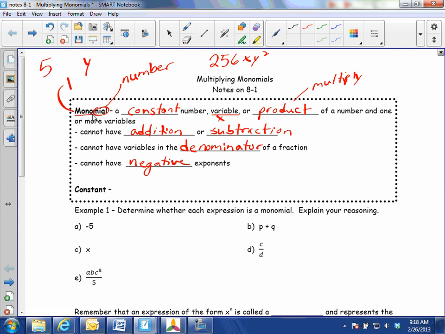A constant is just another name for a number. That's how I always think about it. It's not the technical definition, but constant just means a number, like 7 or 10 or negative 237. It's just a number with no variables with it. You could have exponents, but you can't have any variables.